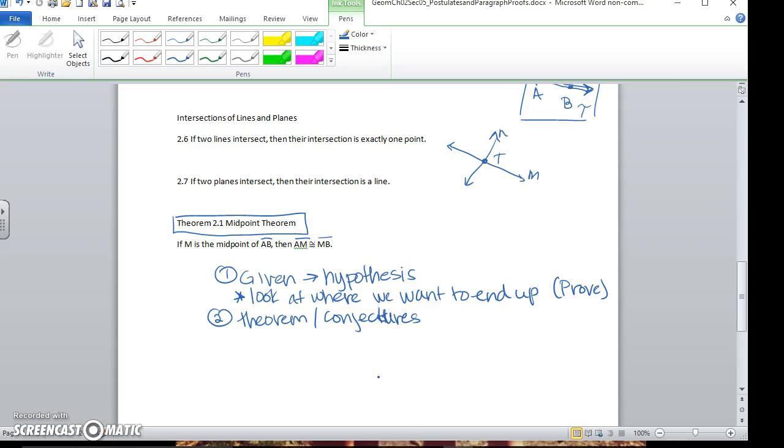And then the third step will be to arrange our statements so that we have a logical progression from the given to the proof part. This is our deductive reasoning.